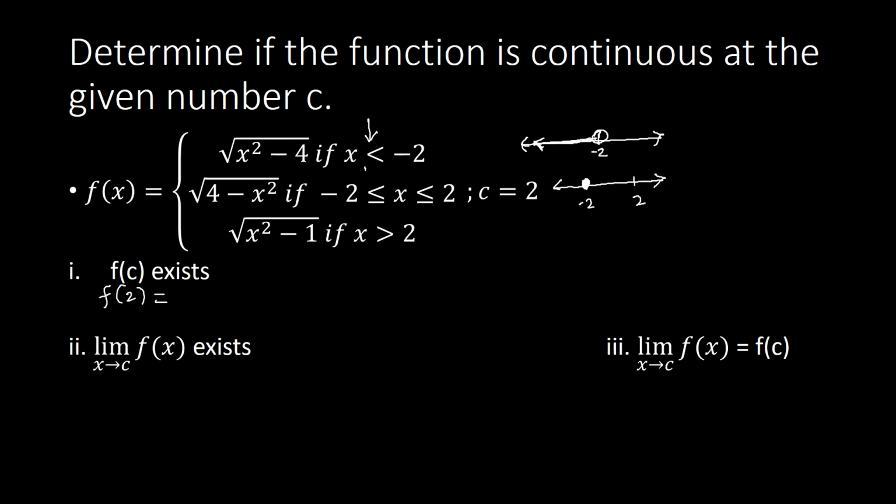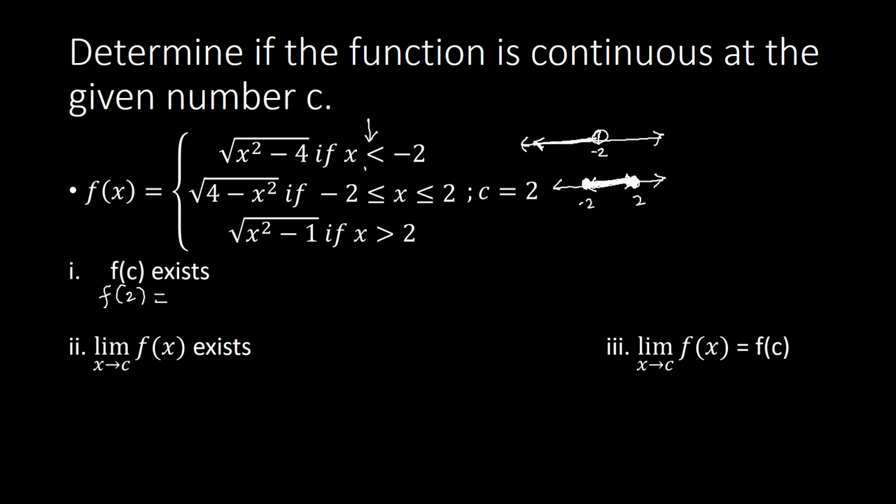Because again, our x here is greater than or equal to negative 2. And then we have x is less than or equal to 2. So if this is our 2, this will also be included, which means that we are considering the values here to the left of 2.